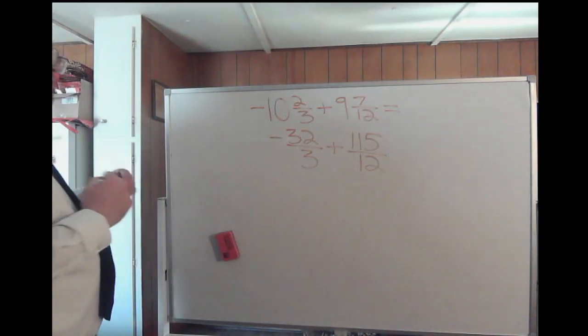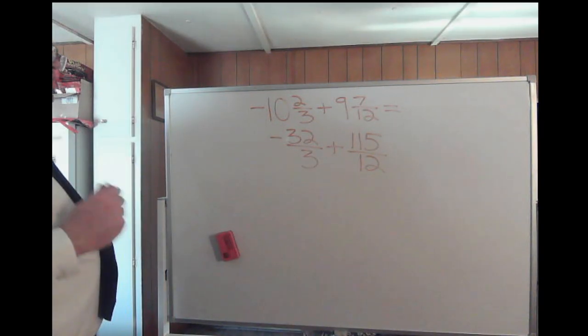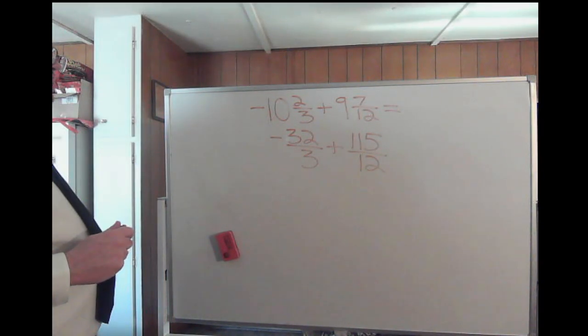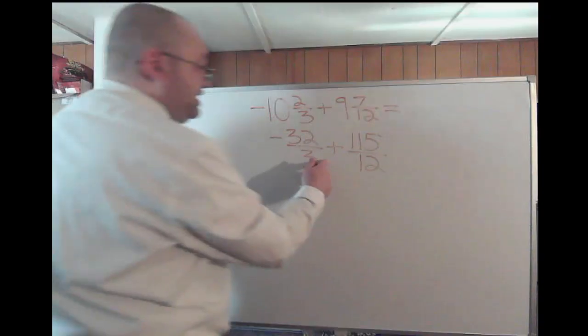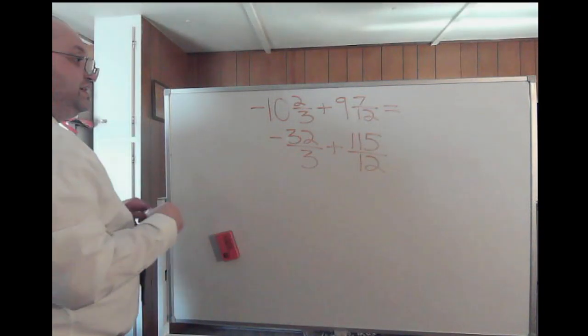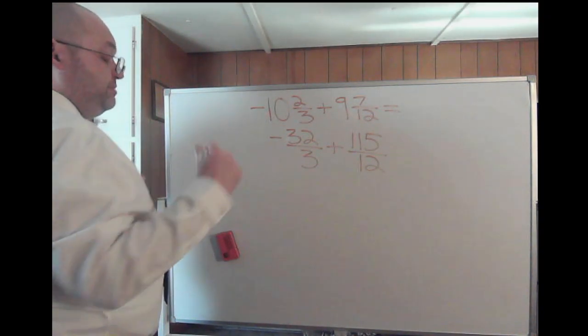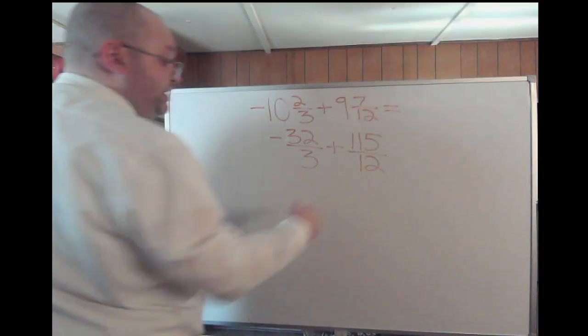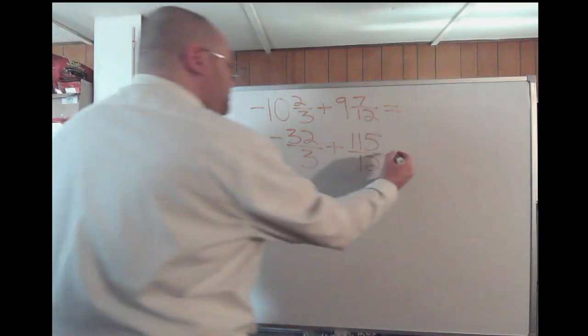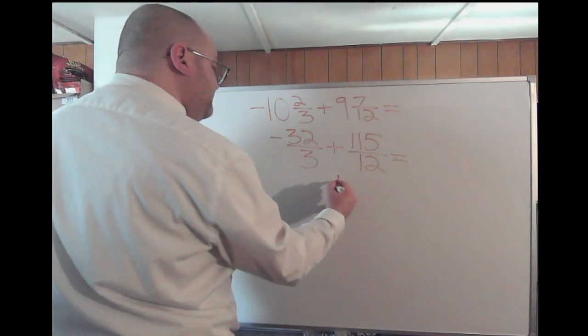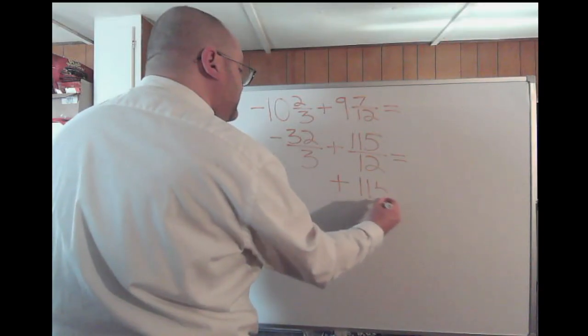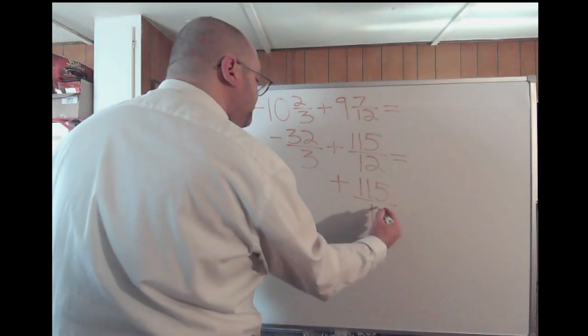Okay. What we have to do now, since we've converted these into improper fractions, is we need to get the least common denominator of 3 and 12, which in this case is just 12. So that means that 115 over 12 can be left alone. We got the desired denominator there.